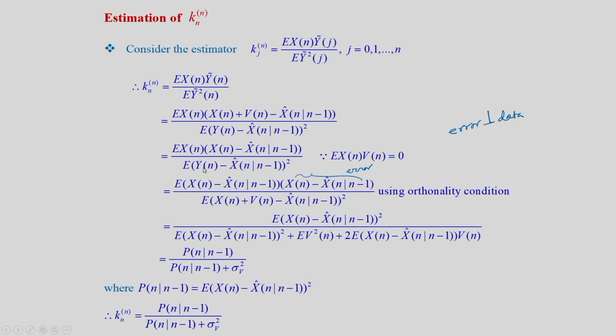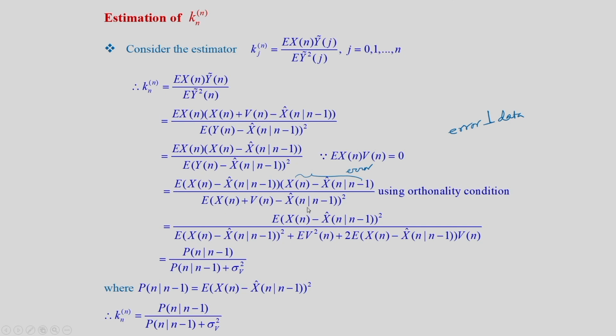Similarly, we can write y n is equal to x n plus v n and minus this quantity. So, that way the denominator will be E of x n plus v n minus x hat n given n minus 1 whole square.